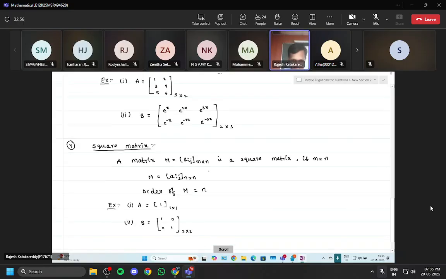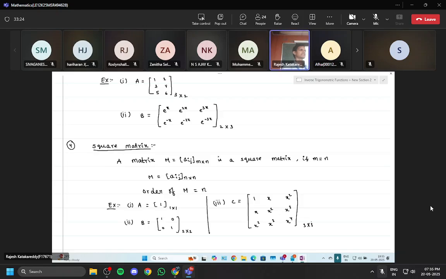And then you will be having a matrix of third order, a square matrix of order 3. This is a square matrix of order 3 by 3 or order 3. We have 4 by 4, 5 by 5, 6 by 6, n by n as well.